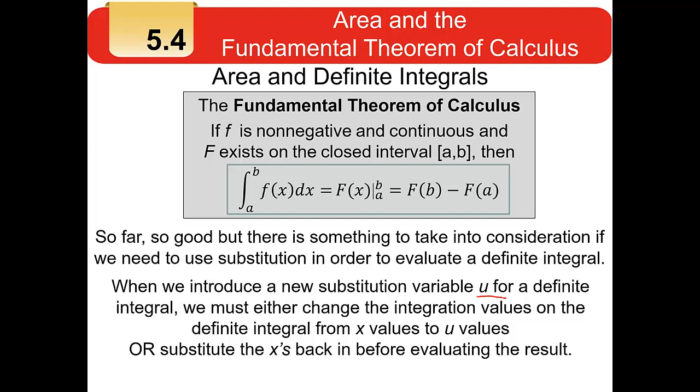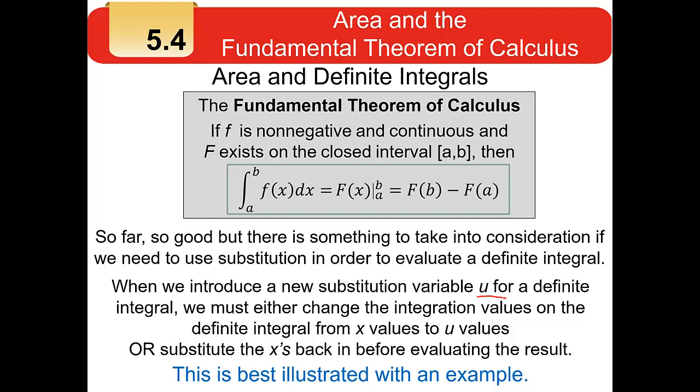The x integrand will come out, the dx will come out. But now think about this a minute. These values for the definite integral are actually x values, so you have to deal with those too, and that's what this extra care has to be taken into consideration when you're doing them. And it's probably better just to go through an example to show you what I mean.